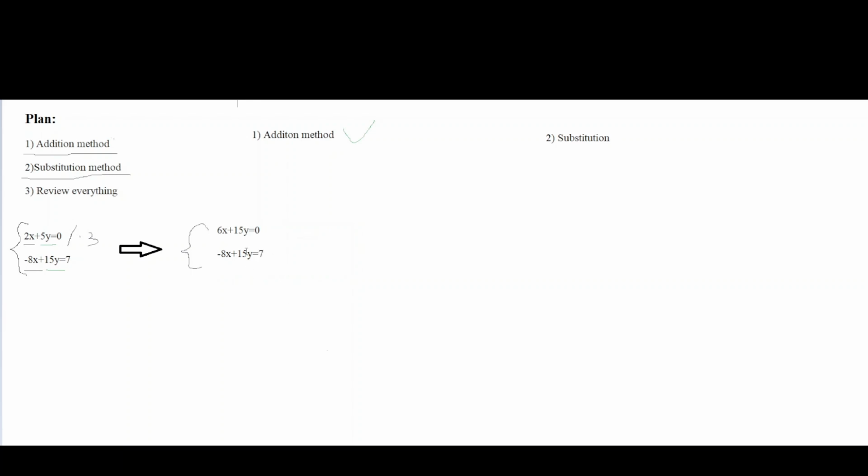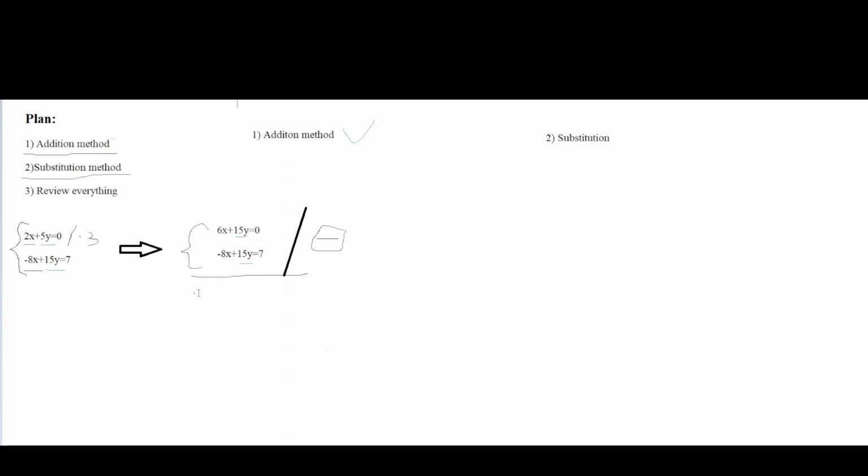Here basically what we're going to do is that we have similar y's, 15y and 15y, which means we can just subtract them. So basically we can work with the first part and the second part at the same time.